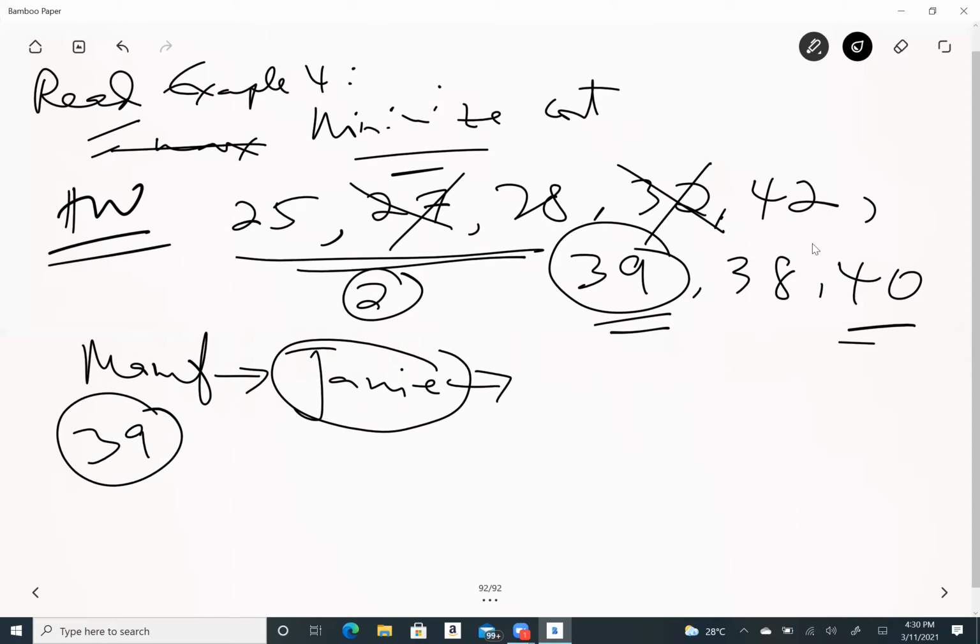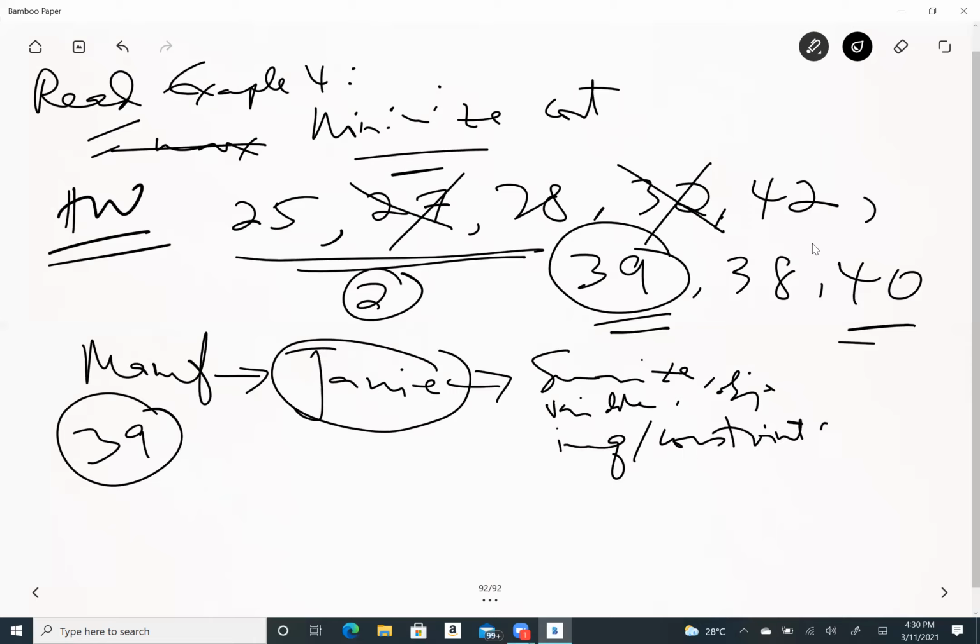We do it together, but I want you to summarize the information, get the variables. In other words, get the variables, then what is the objective, and then come up with the inequalities or the constraints. Do it now.